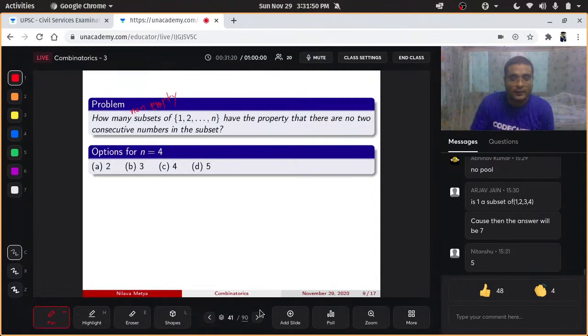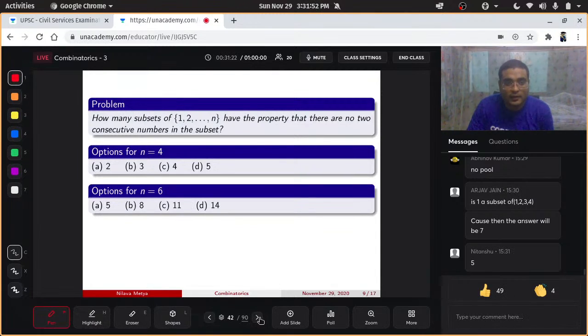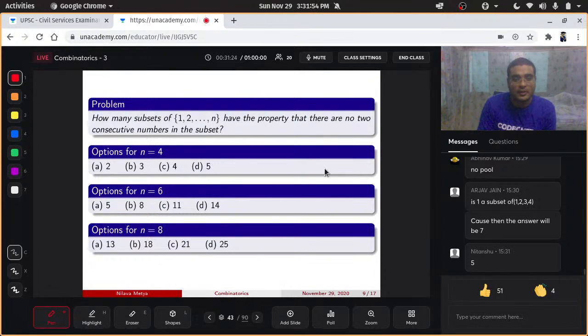Maybe for the others I will add an option. So option E, I will put one option: NOTA. Okay, so these are the options.